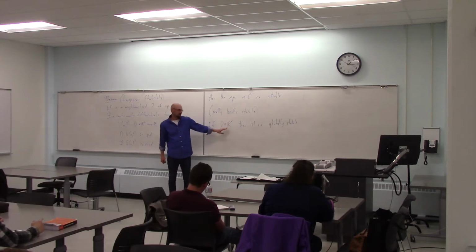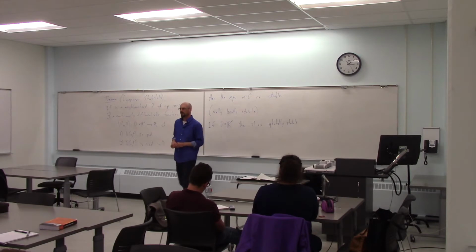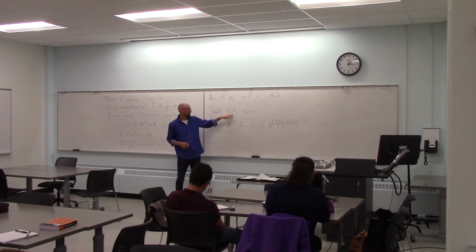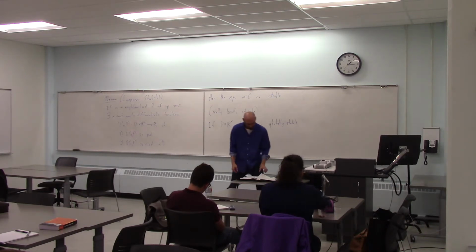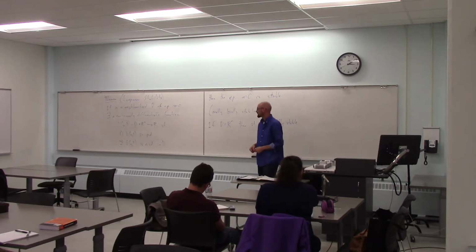If it's negative semi-definite everywhere, then it's globally stable. But usually we have a local result, most commonly. So there's going to be some region of stability around the origin, around x equals 0.